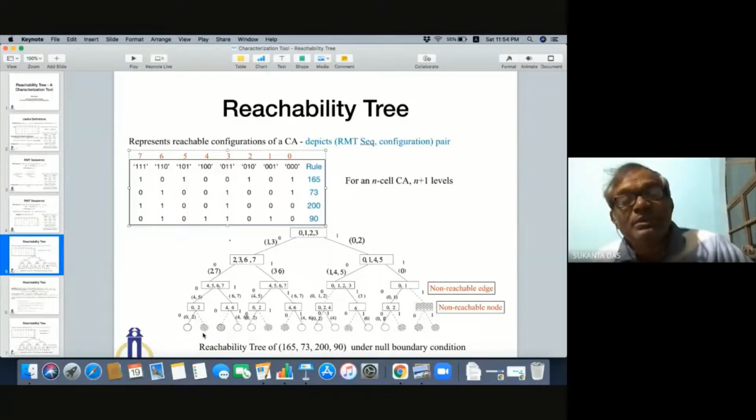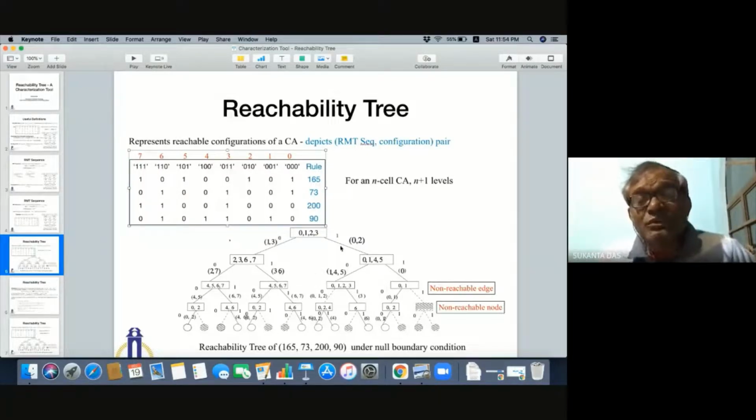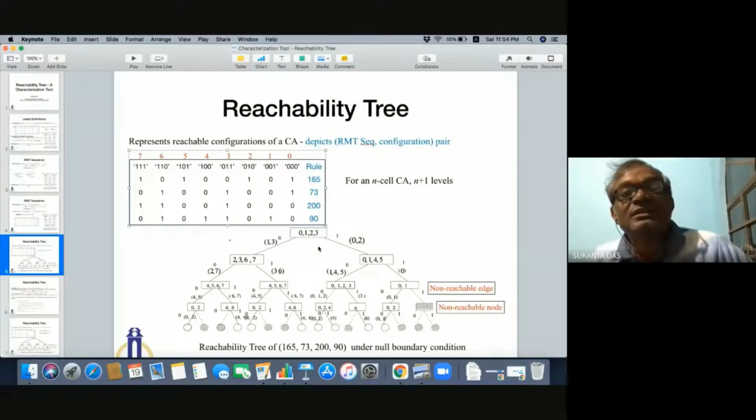But if I fail to reach some leaf, due to these non-existent edges or nodes, then the corresponding configurations are not reachable. From its construction, these sequences are actually the configurations. So it represents the reachable configurations, right? So the number of leaves is the number of reachable configurations.